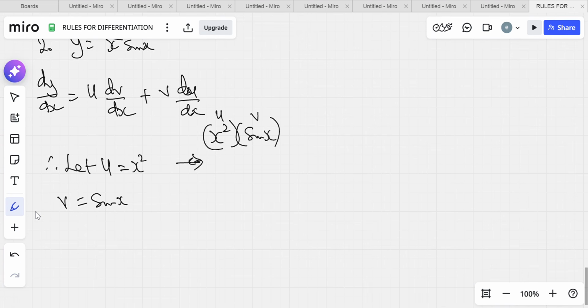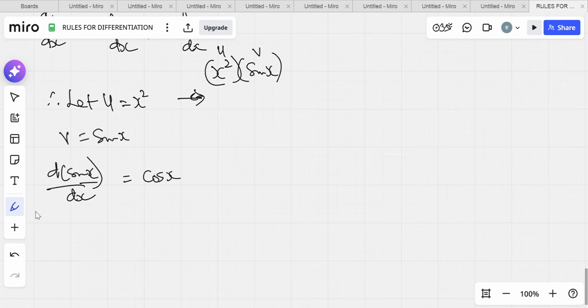Recall that the differentiation of sine x is equal to cos x. Don't forget that. Okay, so now we begin to apply the function.